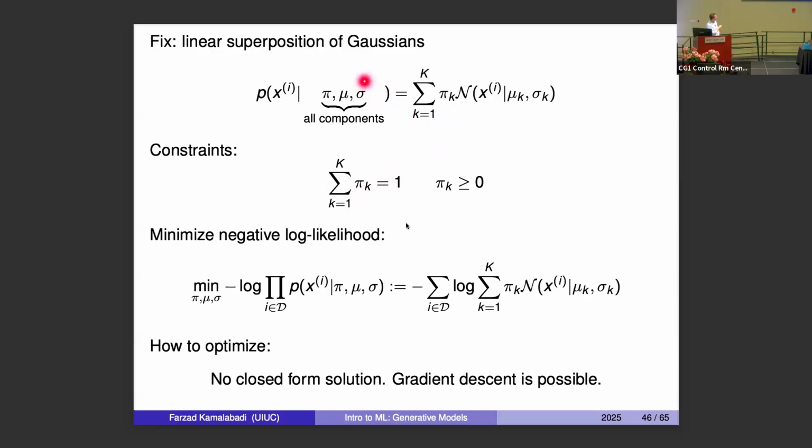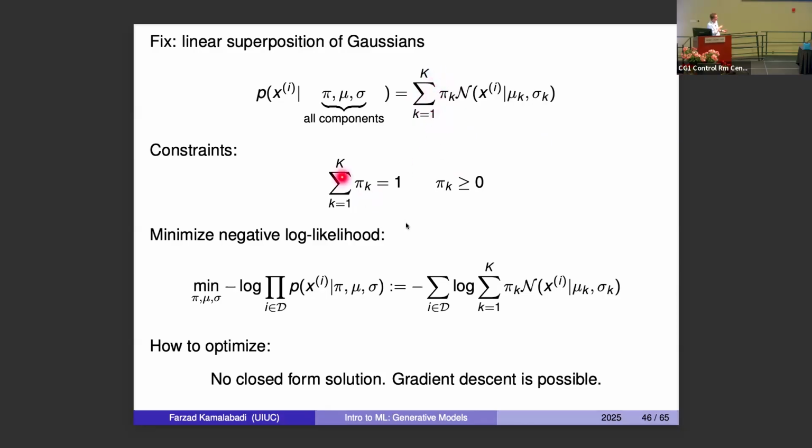So the only thing that has changed, in addition to introducing that third parameter in our optimization, is that now we have a sum of k Gaussians, each one of them weighted by a relative weighting between 0 and 1 that adds up to 1. And these are Gaussians, each one of them. So this part, from the calligraphic N to the rest, is exactly the same problem that we solved before. But now we have pi, and we have a sum over it.